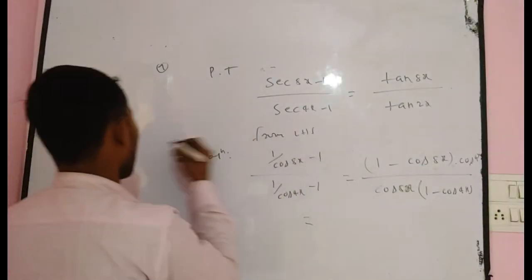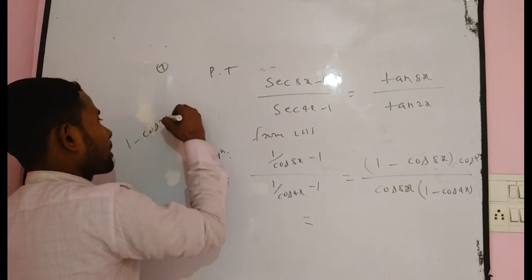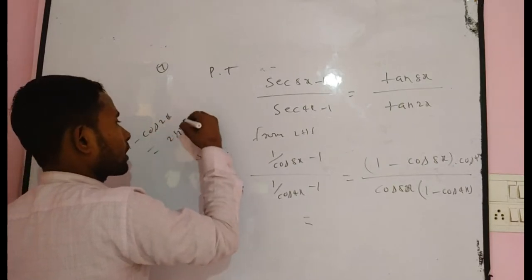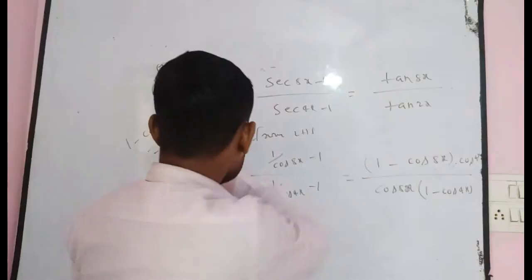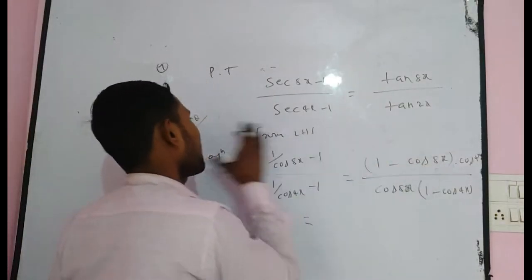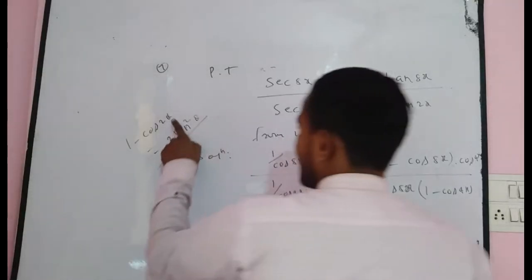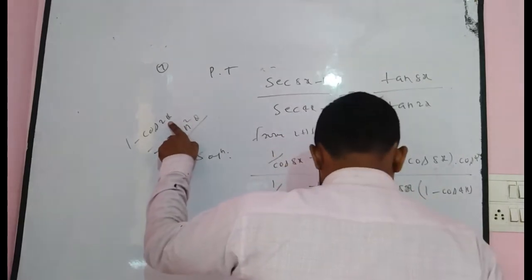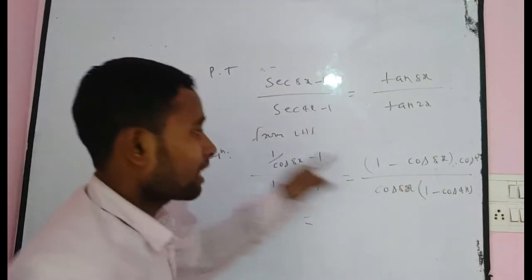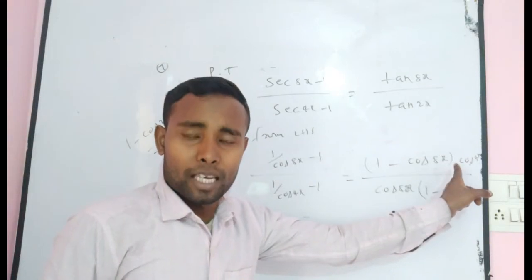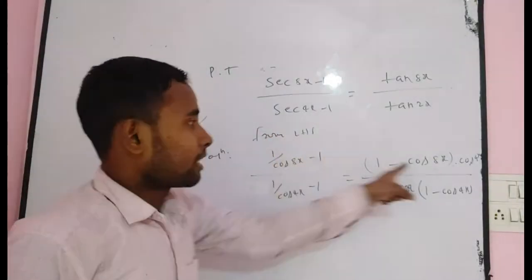I want to give you some idea. I think you know 1 minus cos 2 theta is equal to 2 sin square theta. What is the relation between this formula and this expression? Simply, in place of theta there will be 4x.